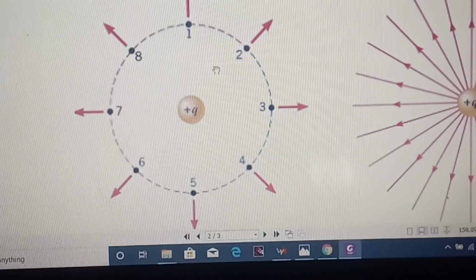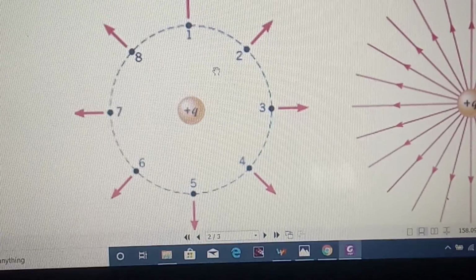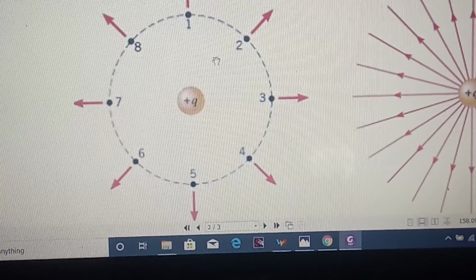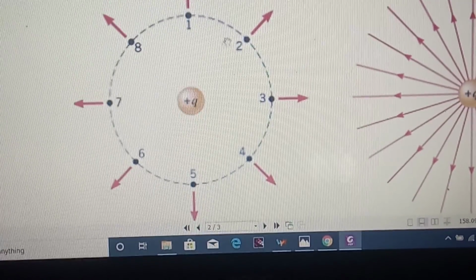We know the like charges repel each other and the unlike charges attract each other.